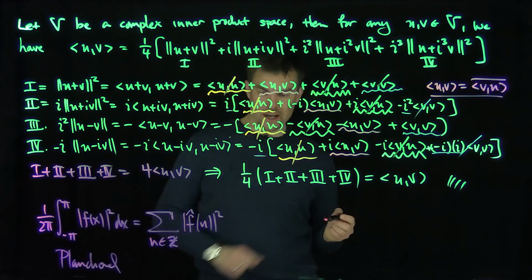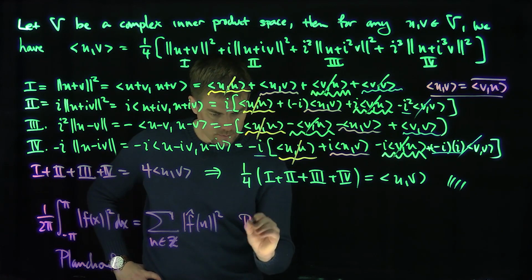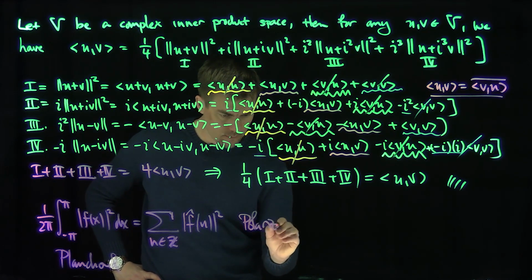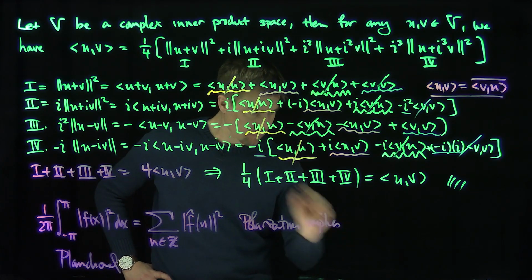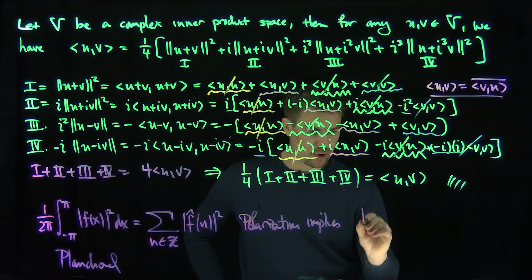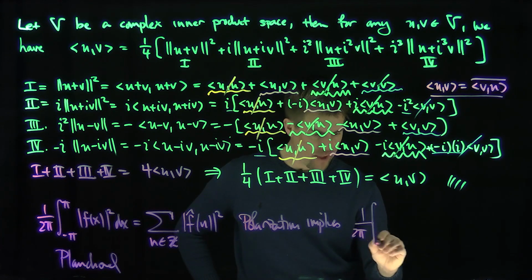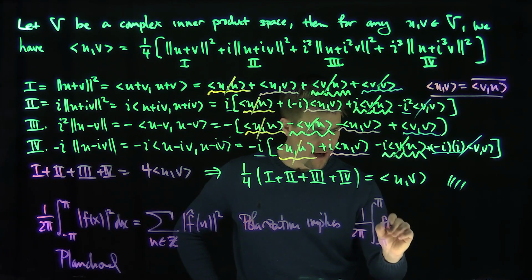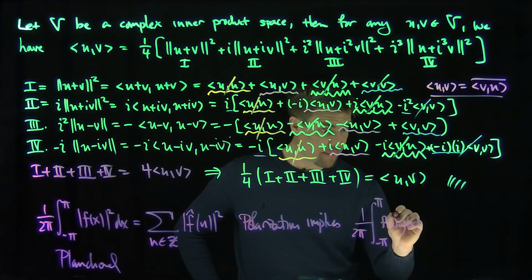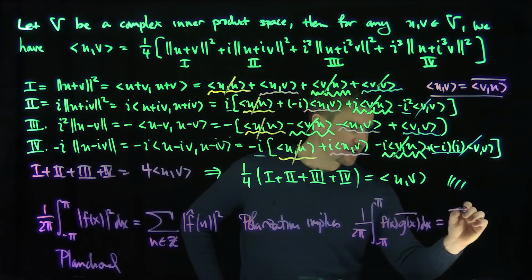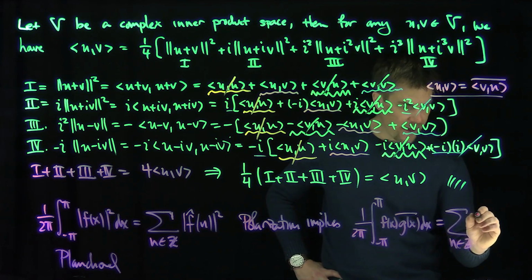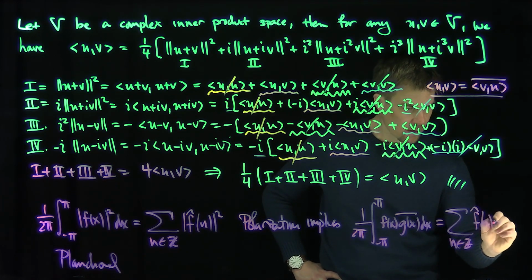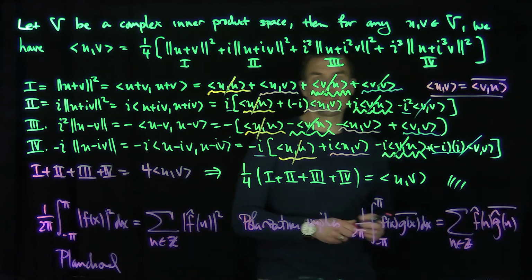So by polarization, polarization implies that 1 over 2 pi, the integral from negative pi to pi of f of x times g of x complex conjugate, that's my inner product, is going to be the sum over n in z of f hat of n, g hat of n complex conjugate, and that's our Parseval theorem, right?